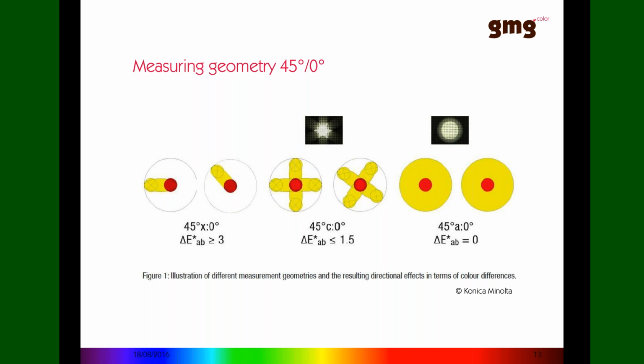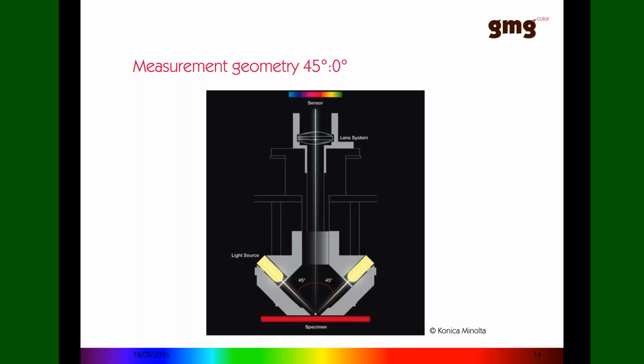Now let's have a look at the 45-0-degree geometry. This is also a screenshot from Konica Minolta. So here we see what this 45-0-degree means. We have our sensor on top, which is at a 0-degree angle.